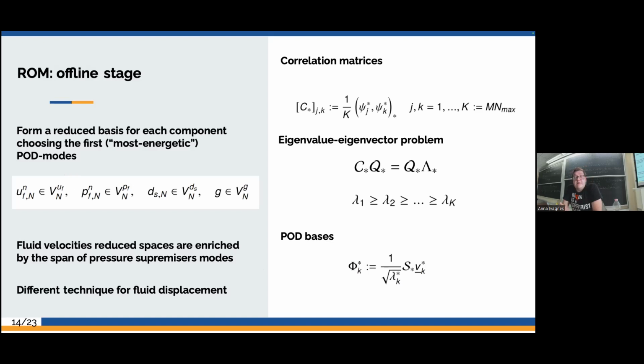As you may have noticed, I did the POD compression only for the fluid velocity, pressure, control, and the structure displacement. And here we use a different technique for the fluid displacement.